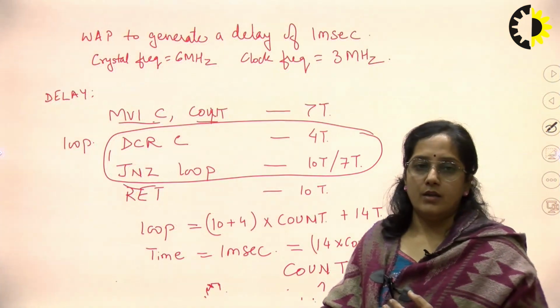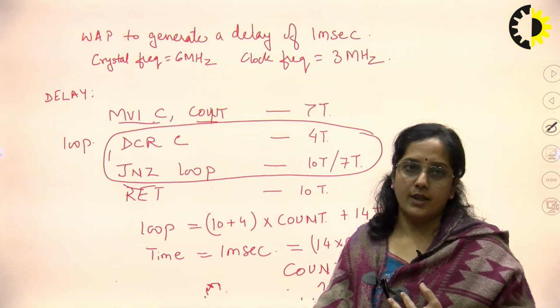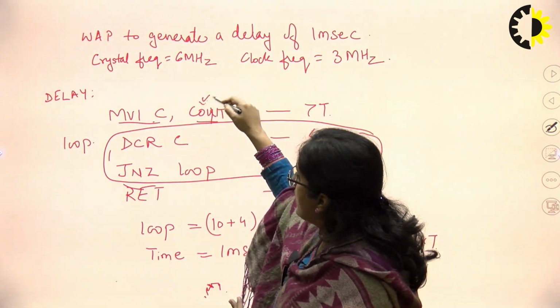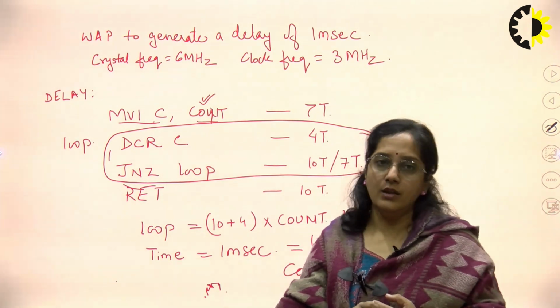So we will calculate this and find the count value, and we will substitute this count value at this location, and we will have a delay program.